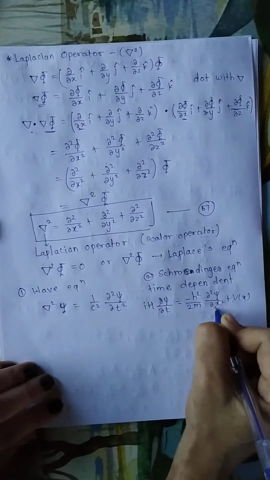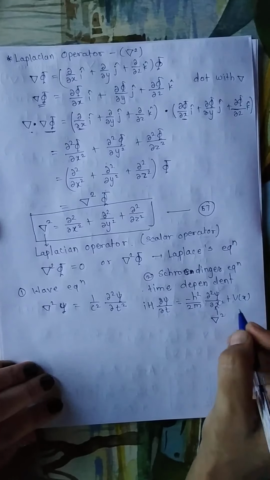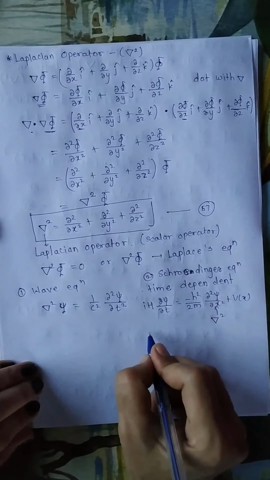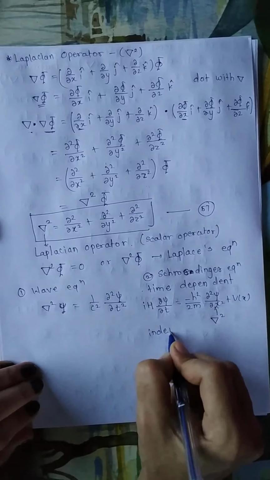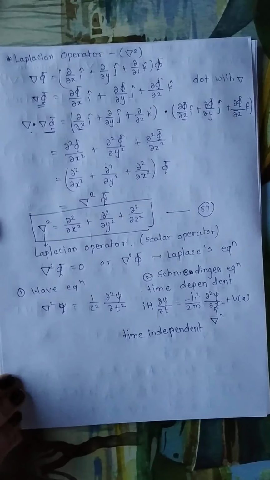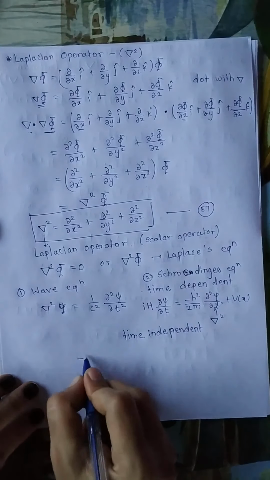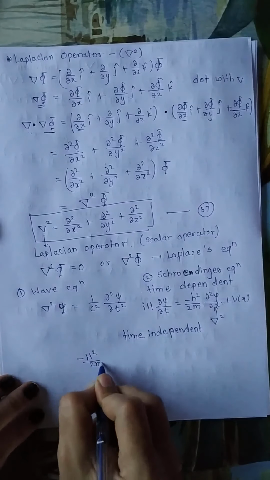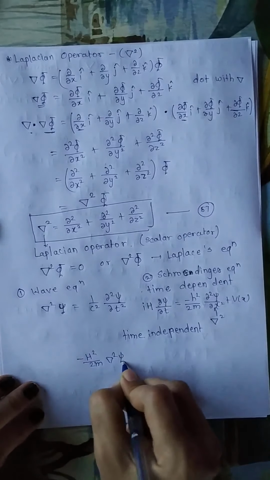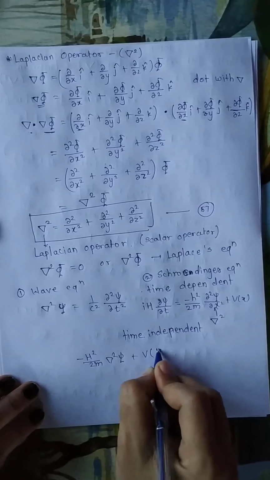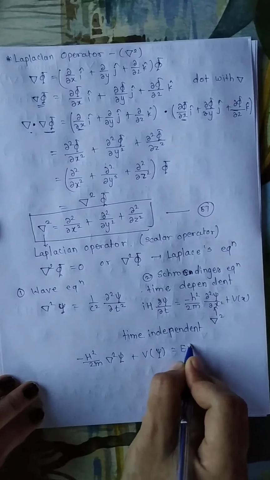So this term is nothing but del square. And the Schrodinger time independent equation is given by minus ħ² upon 2m del square psi plus V psi equals E psi.